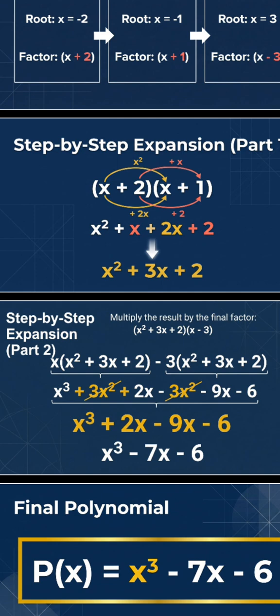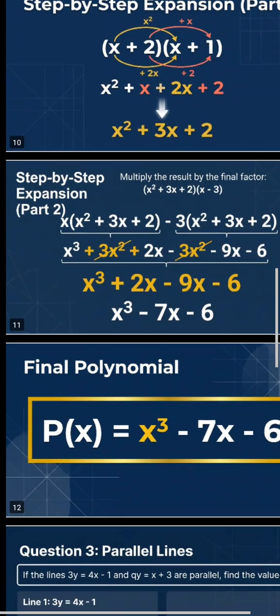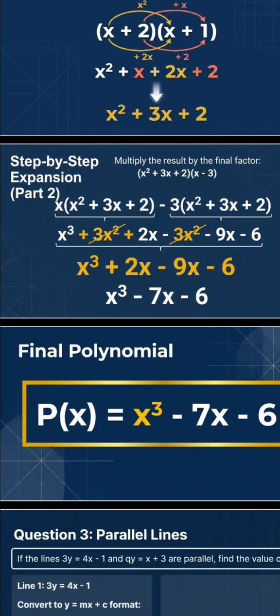So 3x squared will cancel out 3x squared. Then we have x cubed plus 2x minus 9x minus 6, because plus 2x minus 9x will give us minus 7x.